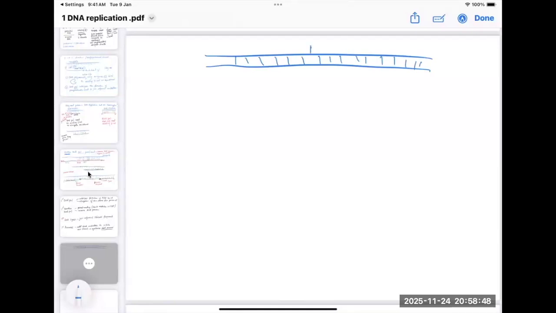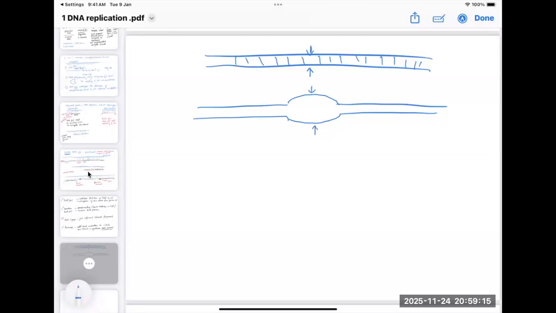Where will they start to open? Where will they start to separate?